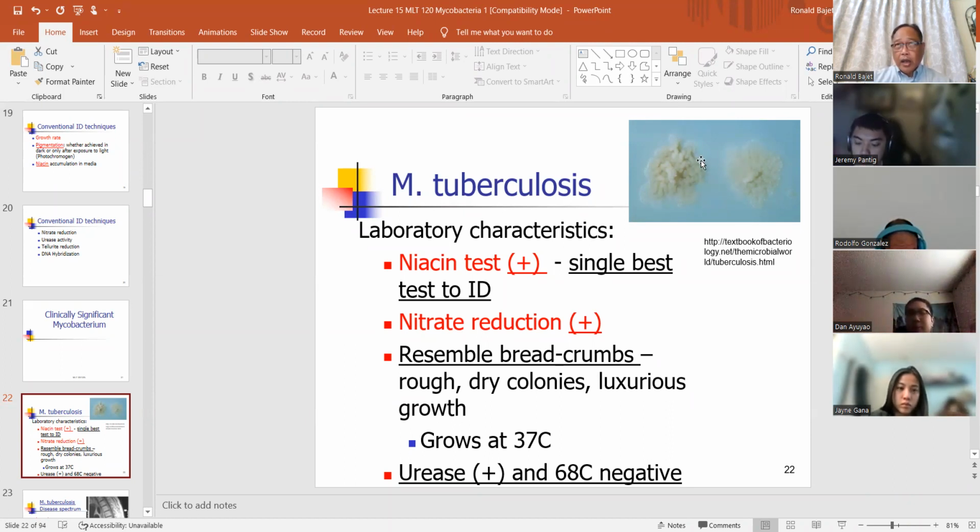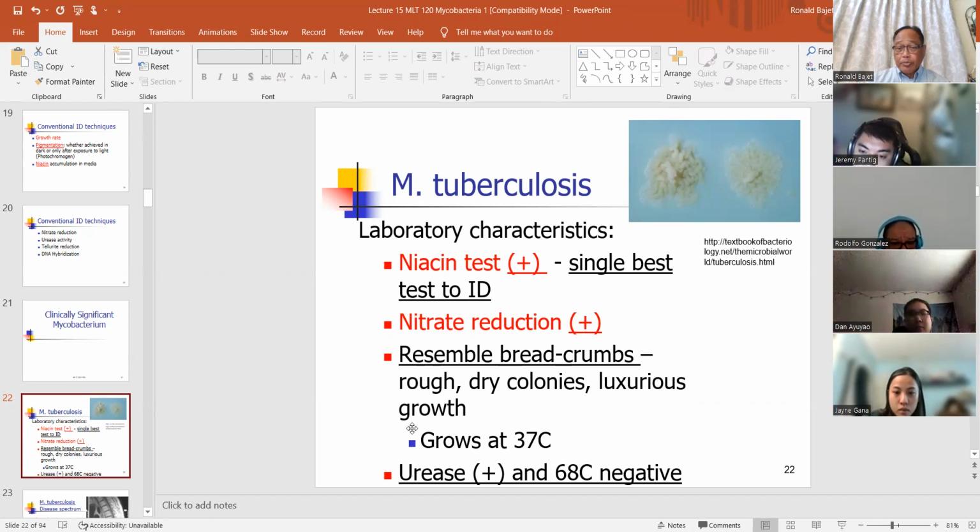So, okay, it looks like greenish media. So that's probably the Lowenstein-Jensen. Okay, and then you get this breadcrumb appearance of the colony. That's niacin. Okay, that's a niacin test positive, and it's the single best test to identify Mycobacterium tuberculosis. Then there's nitrate reduction.